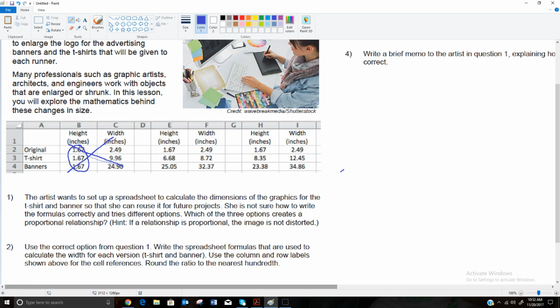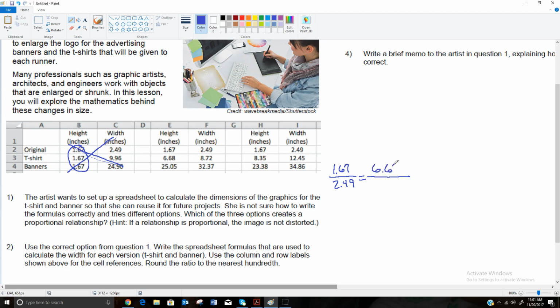The way that I like to do it, but I'll explain a couple different ways, the way that I like to do it is just to set up a proportion. So if we look at the original, 1.67 to 2.49, does this option get the same comparison between the two, or the same ratio between the two, as 6.68 to 8.72?